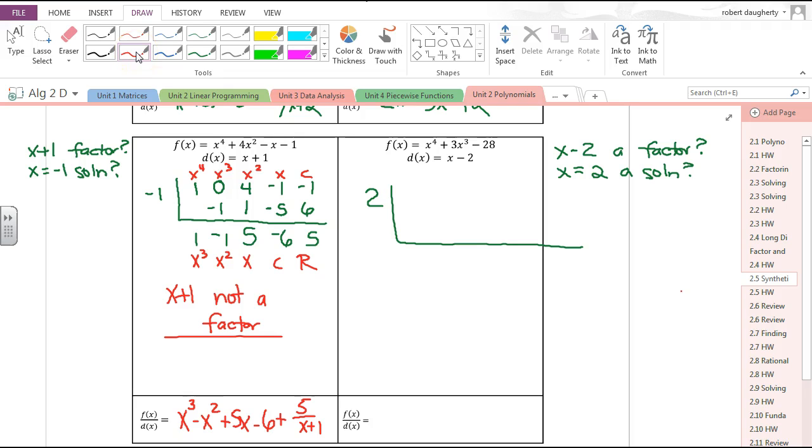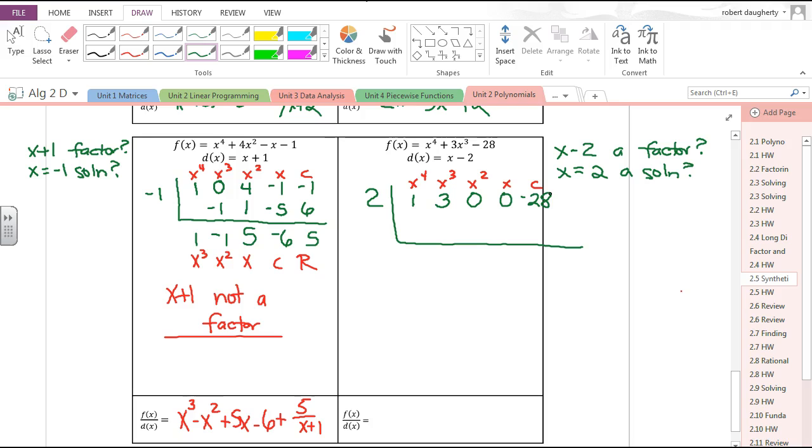So this is x to the fourth. I need an x to the fourth, an x cubed, an x squared, an x, and a constant. Coefficient of x to the fourth is 1. x cubed is 3. What about x squared and x? Yeah, 0, 0, negative 28. If you miss those zeros, you're going to miss the entire problem.